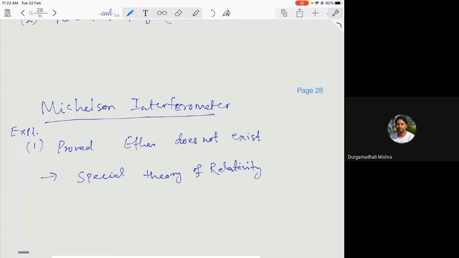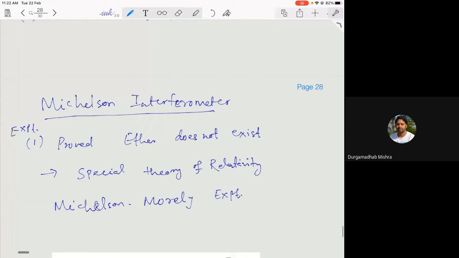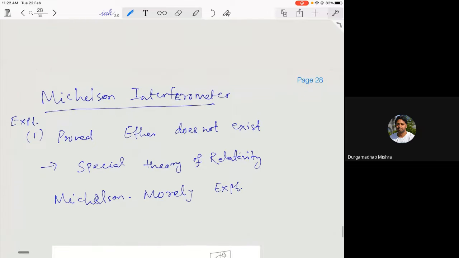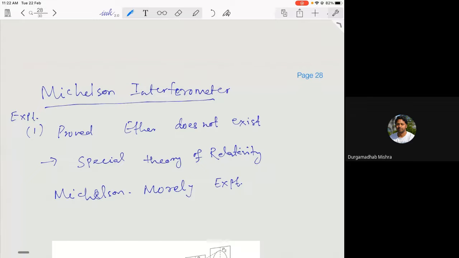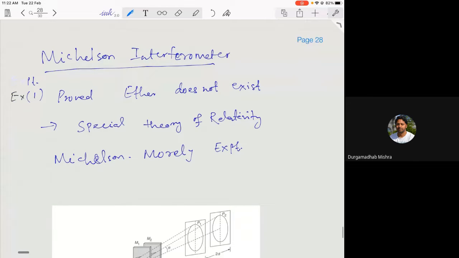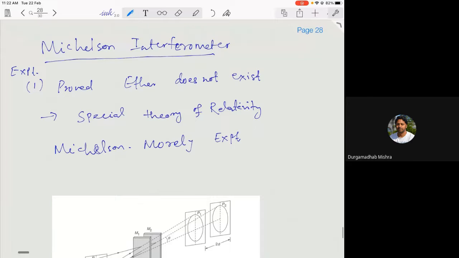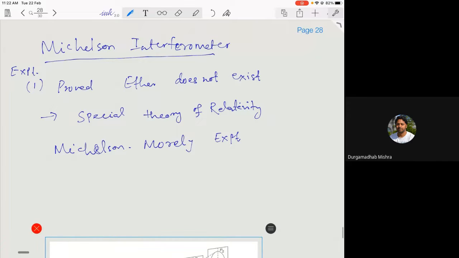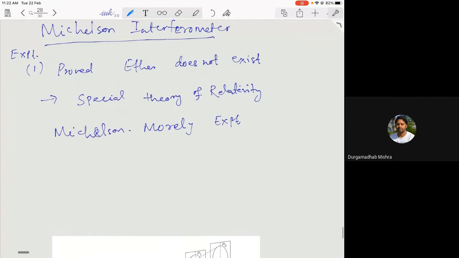So you can read about this Michelson-Morley experiment. And then the second experiment, which is a more recent one.